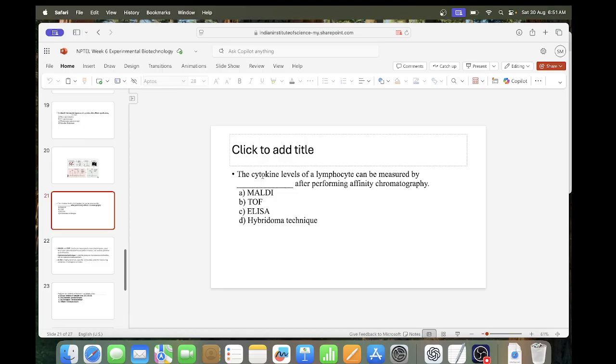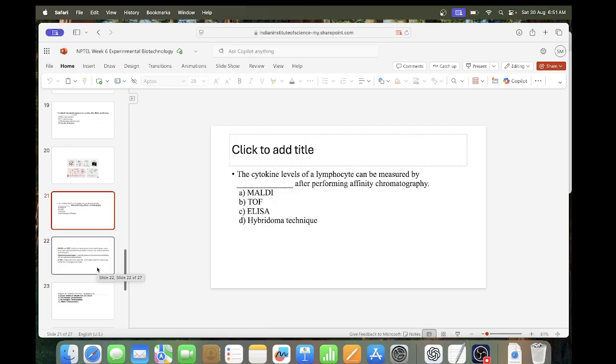Good, good. Like he had mentioned, these are the two different techniques, ELISA and hybridoma. TOF, time of flight, is where we allow particles to fly for a given potential difference or voltage, and then calculate the mass from the time it takes to fly.